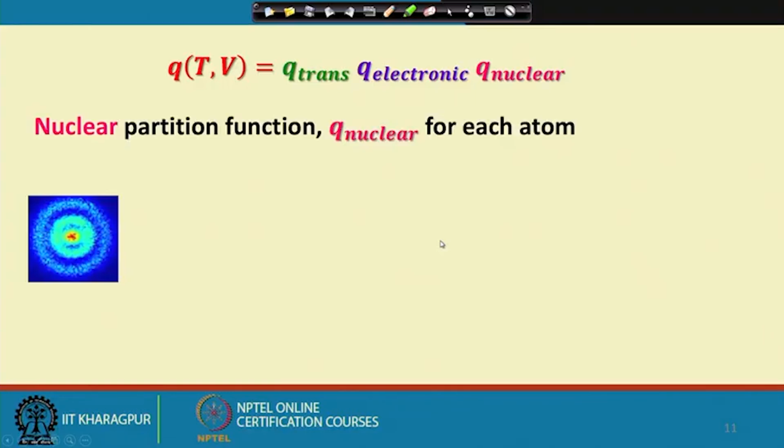So, now let us talk about the nuclear partition function and how to get it for each atom.